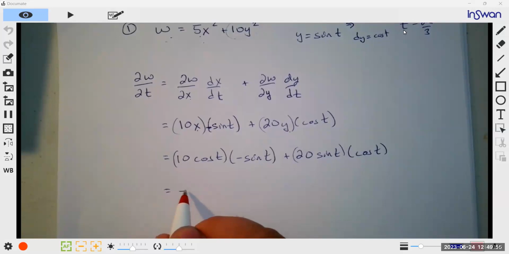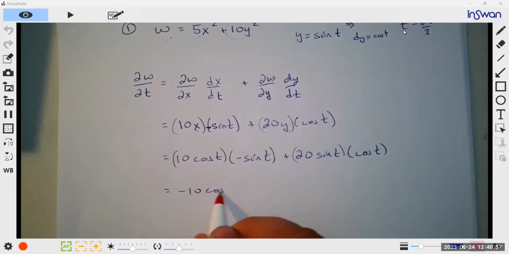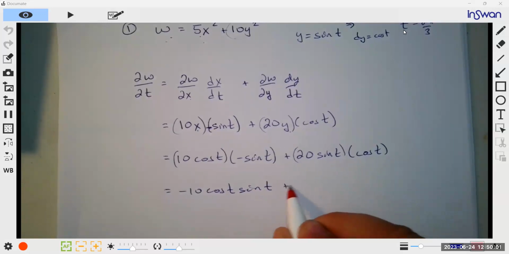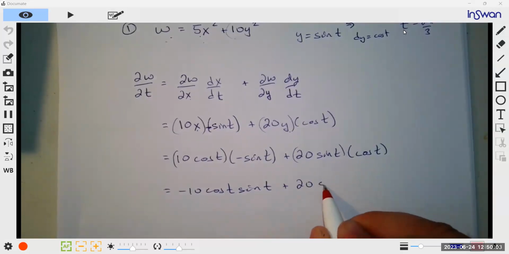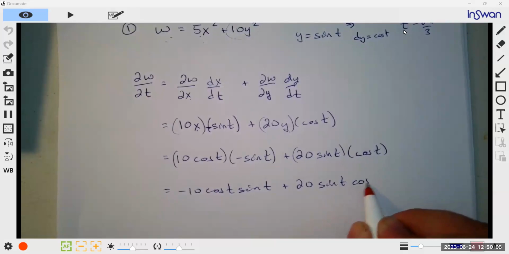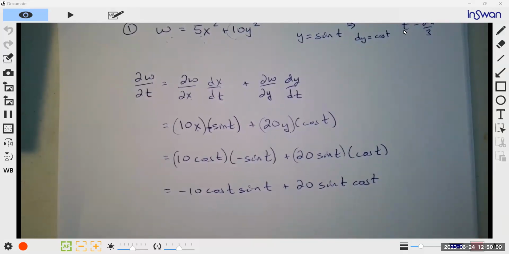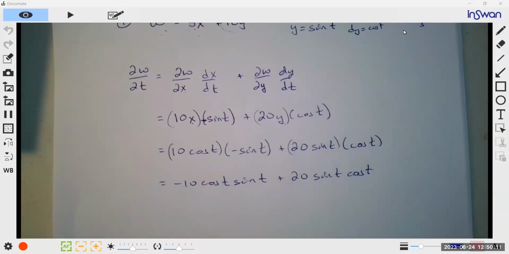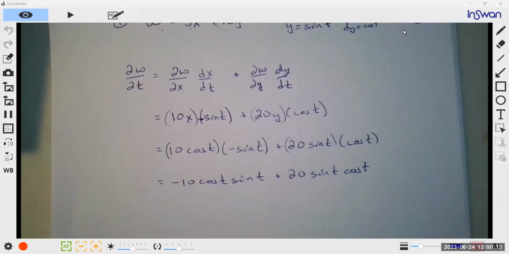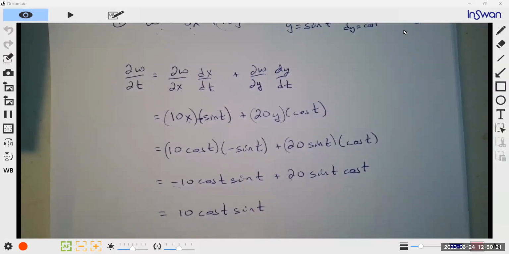It gives us negative 10 cosine t sine t plus 20 sine t cosine t. So it's 20 minus 10, which gives us 10 cosine t sine t.